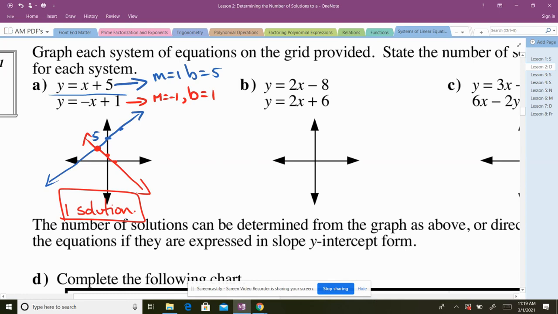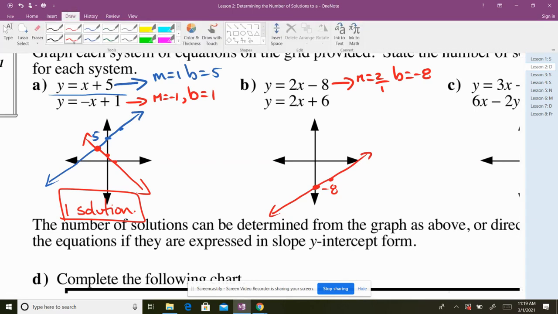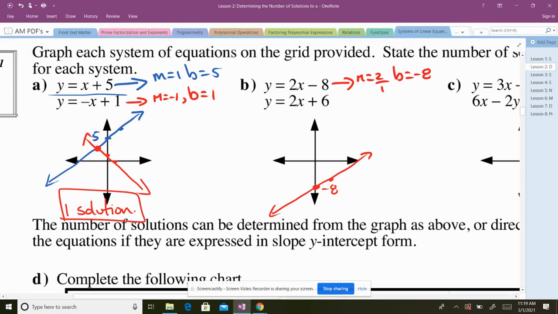Okay, next one. What's the slope of this line? 2 over 1. And the y-intercept is negative 8, which is down there. Up 2 over 1. Line looks like that. The second one, what's the slope? 2 over 1 and y-intercept of 6, which is up here.